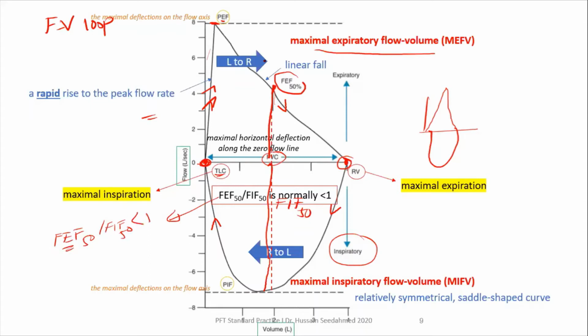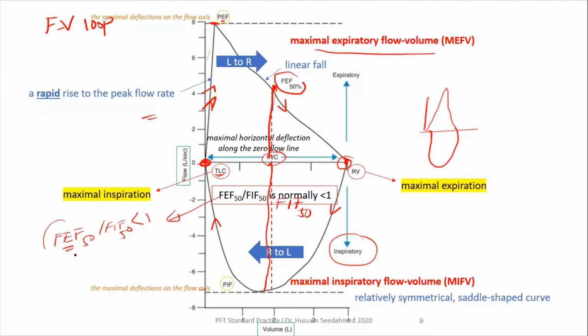It is the flow at the midpoint of the expiratory flow. In the same way, at the midpoint of inspiratory flow, it is the forced inspiratory flow 50%. The ratio between these two should be less than 1.